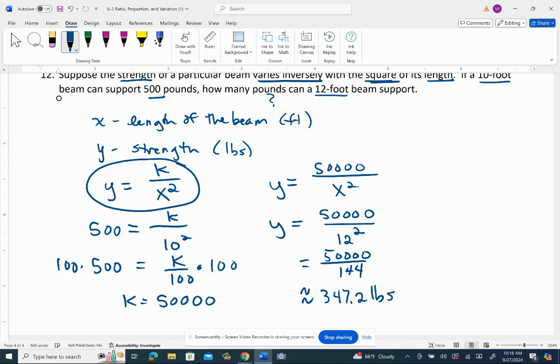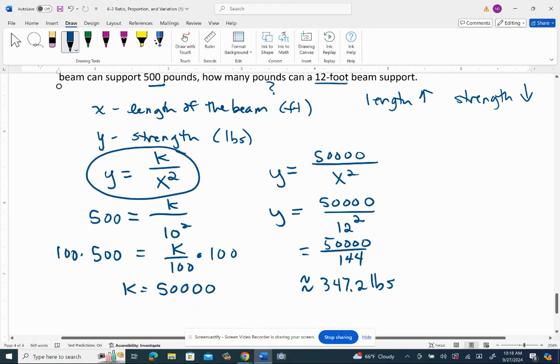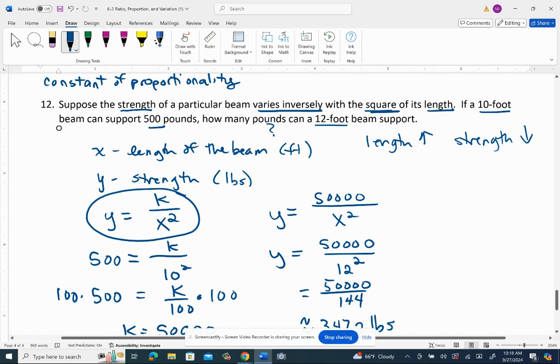So you see on this one, when the length of the beam went up, the strength went down. The number of pounds it could support went down, varied inversely. So you've got to watch problems like this. You might have thought you could just set up a quick little proportion, but watch.